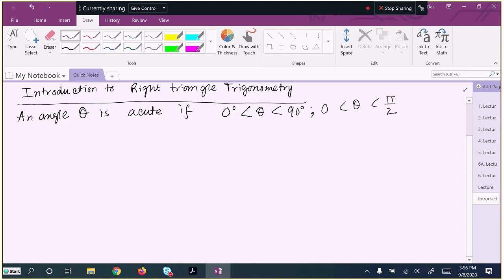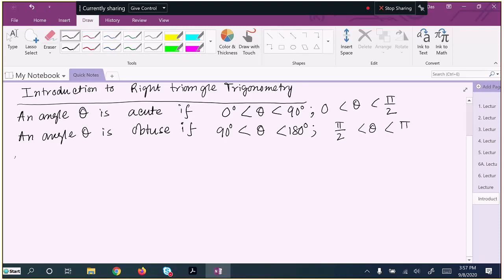If it is equal to 0 or pi over 2, or 0 degrees or 90 degrees, we call them quadrant angles. Whereas an angle theta is called an obtuse angle if the angle is between 90 degrees and 180 degrees, and you can also write it in radian measure by saying it is between pi over 2 and pi.